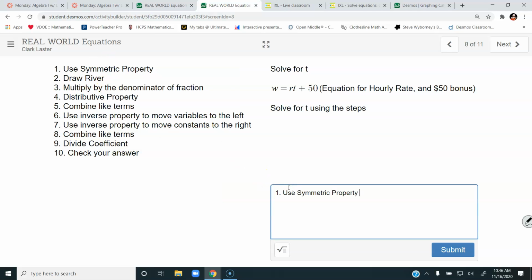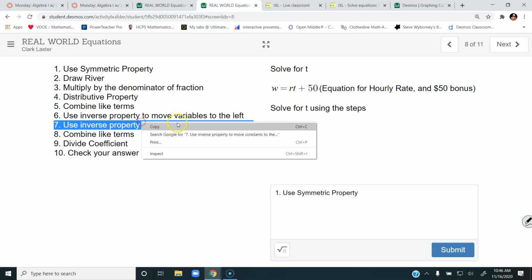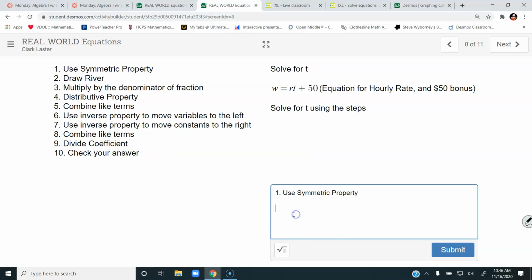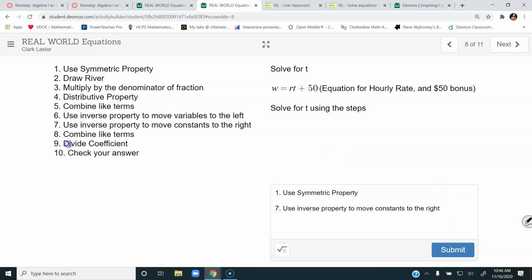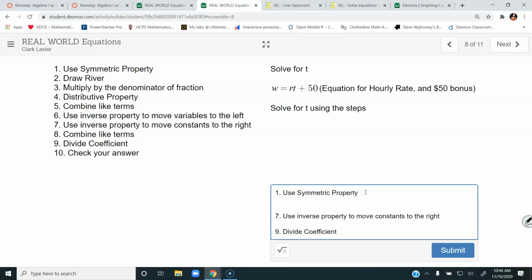So in some ways, I want you guys to get robotic in what you're doing, but in a lot of ways, I want you to think about it before you do it. So if we flip this to the other side, I want to move my constant, which is 50, to the right. And then I'm going to divide by a coefficient. Right, so it should be starting to get pretty automatic with how you go down this string of events.